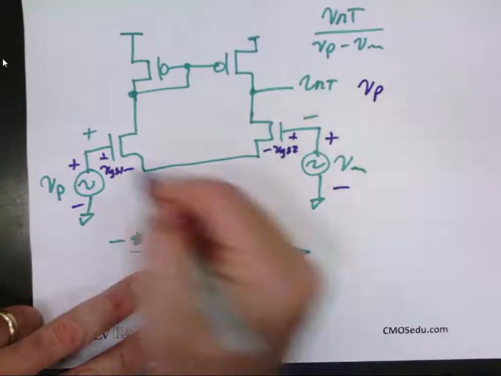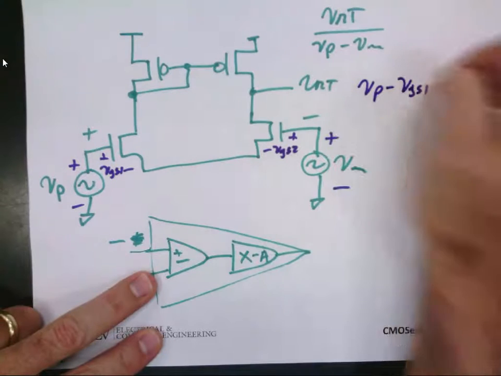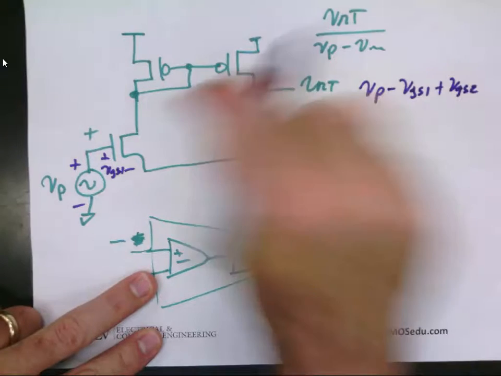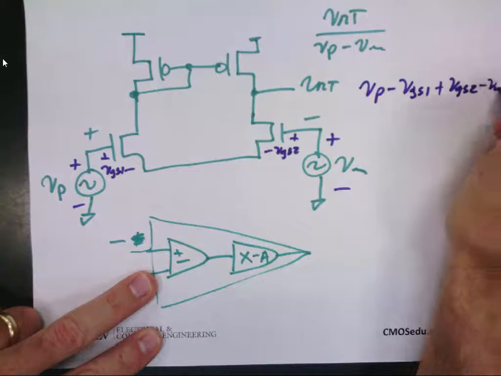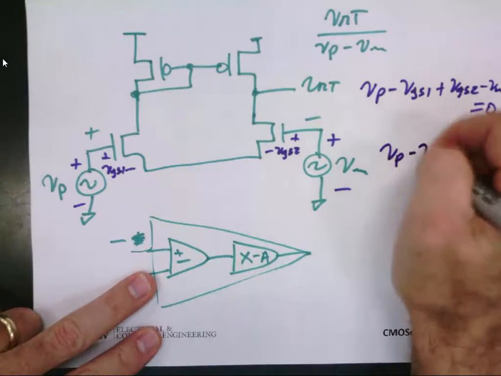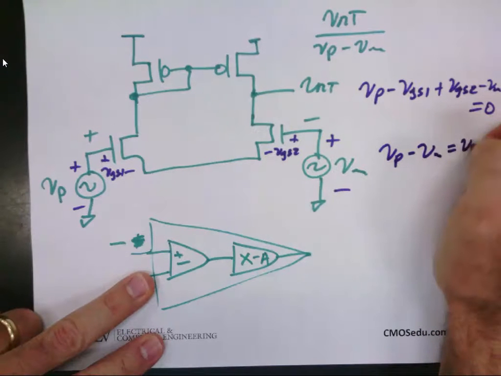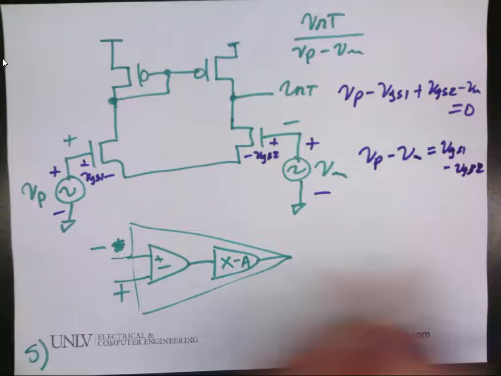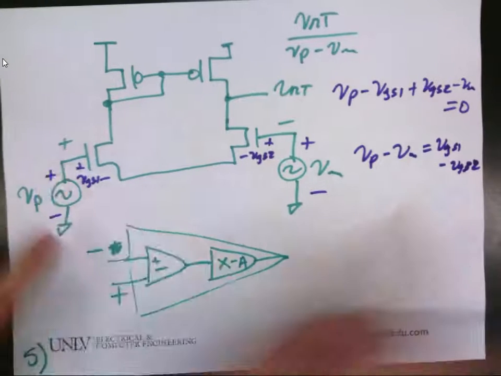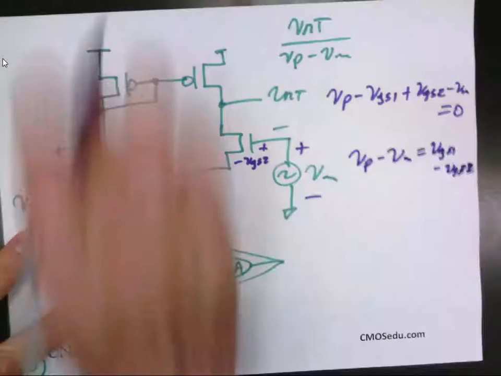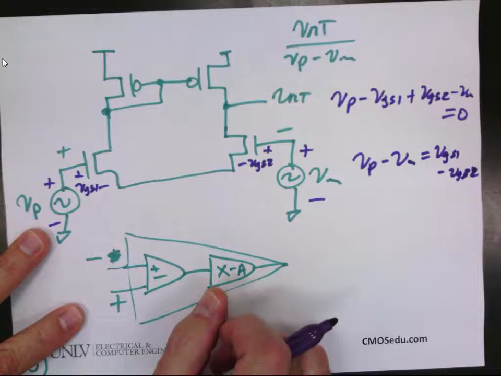VP minus VGS1 or VP minus VM equals VGS1 minus VGS2. And you know what? Guess what? These two voltages are going to divide equally across here. They have to, because the currents are going to be equal and opposite in each side.